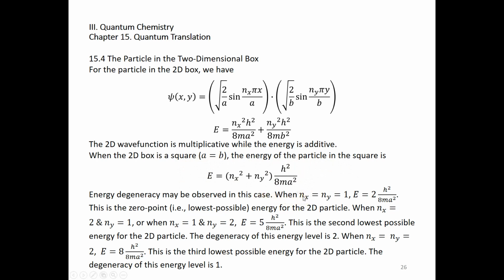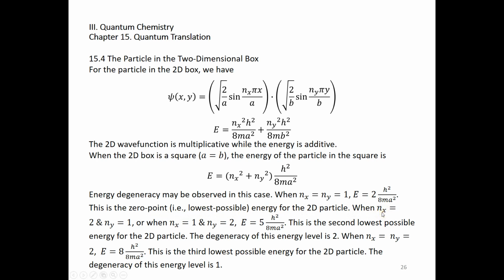When nx is 1, ny is 1, the energy is 1 squared plus 1 squared times h squared over 8ma squared. So really this is the so-called zero-point translation energy for the two-dimensional particle. Zero point means lowest possible in quantum mechanics. Later you will learn the zero-point vibrational energy as well in the future.